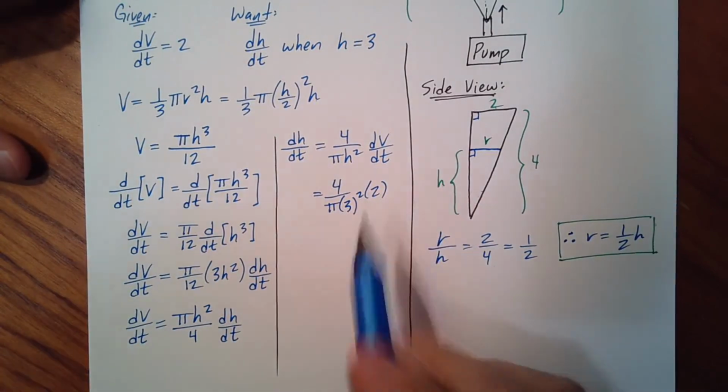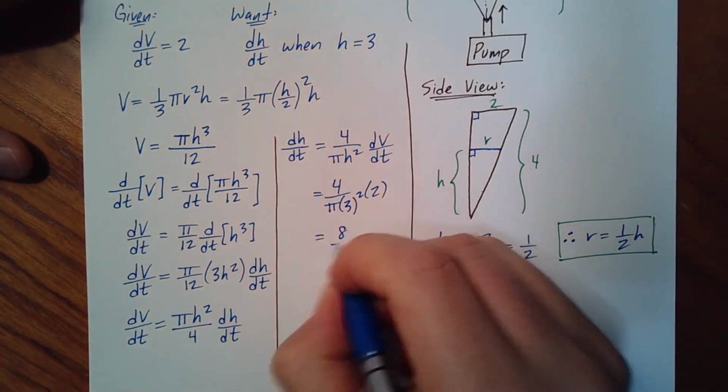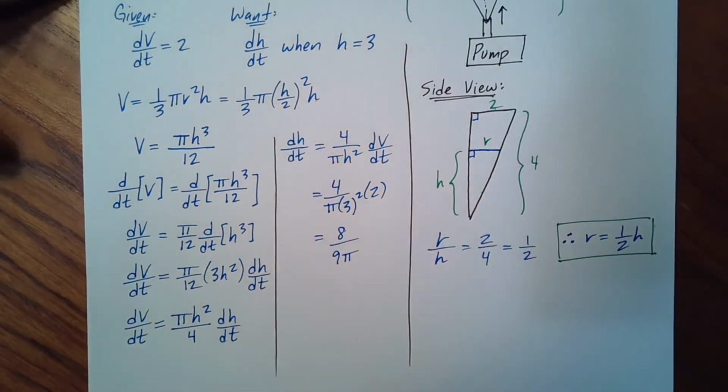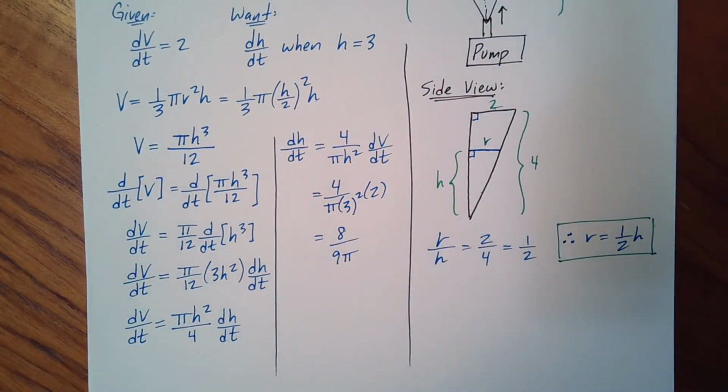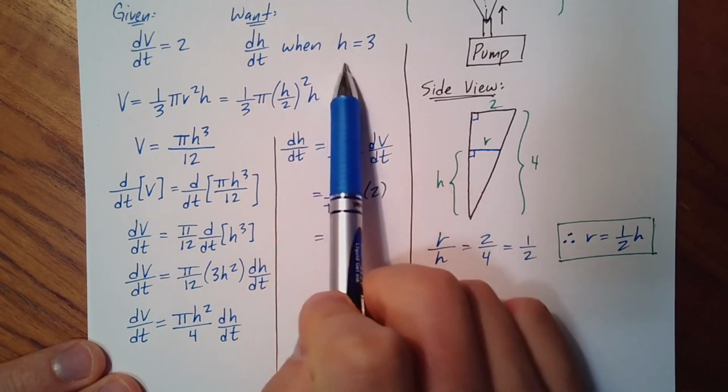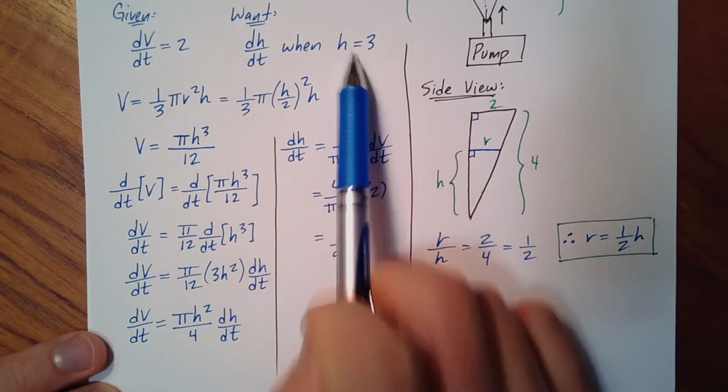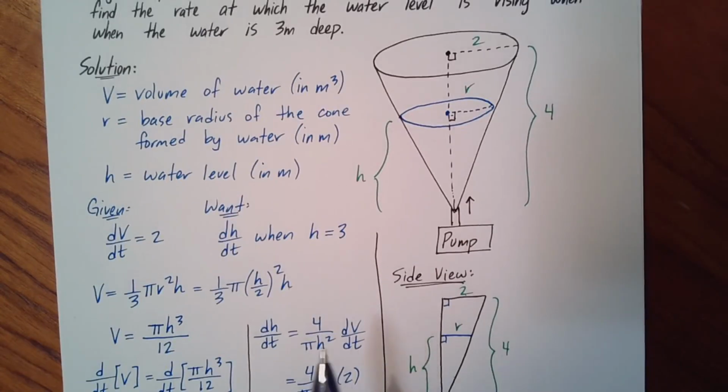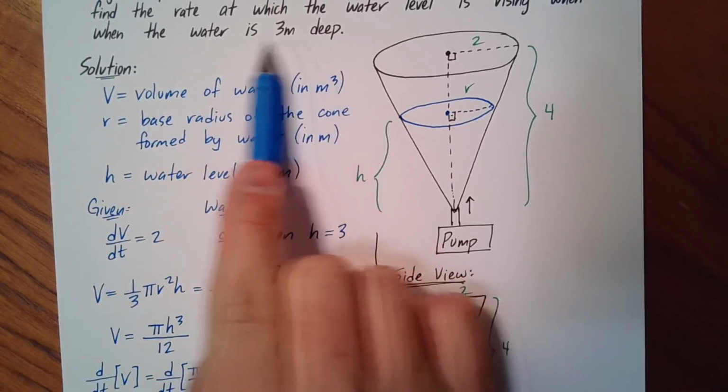Right? So what you're going to end up getting is 8 over 9 pi. And that is our dh/dt at the particular moment in time that we care about, when the water is 3 meters deep. Because that's what we were looking for. That's what it specified at the end of the question.